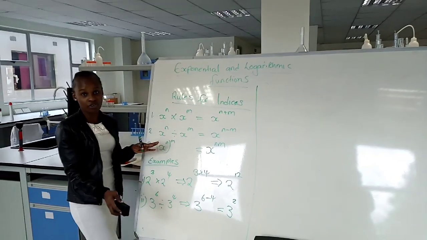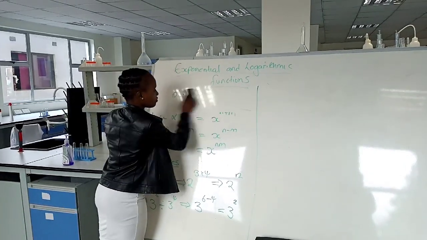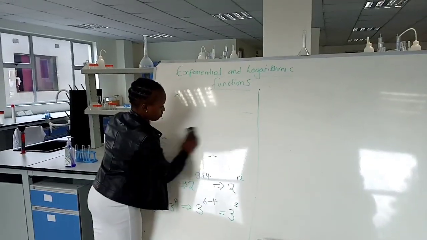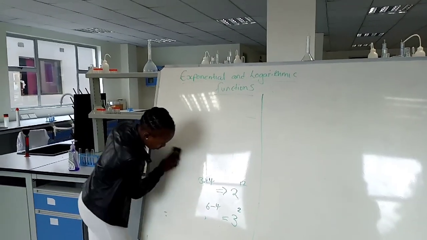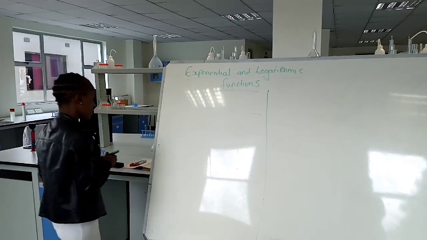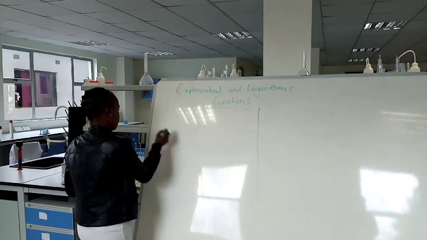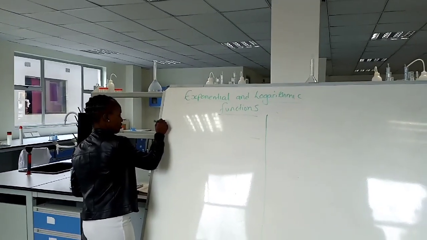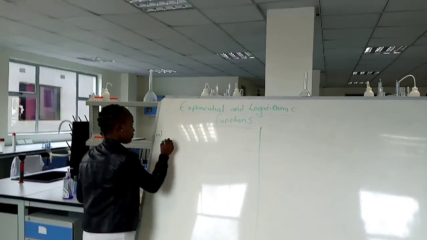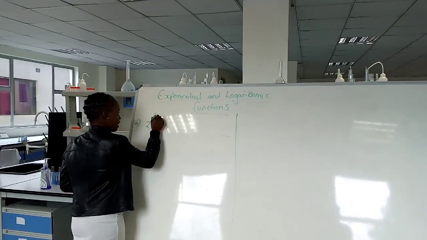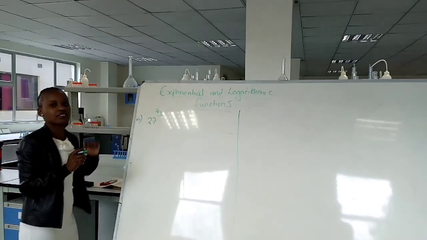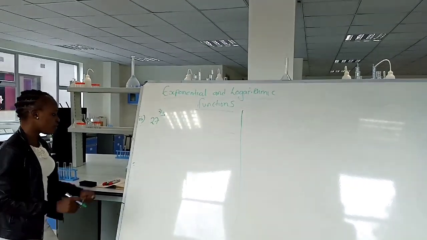If we have something that is a bit different, we are going to consider this to be the third example. If you have 27 to the power 2 over 3, and you've been asked to find this, what are we going to do?